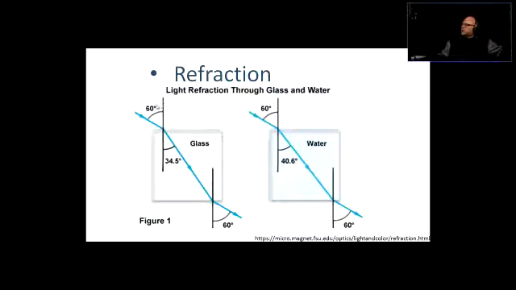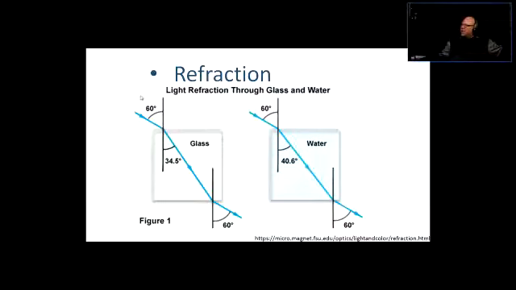Now, when we change the angle, when we deviate from that normal, let's say, for example, 60 degrees in this case, the light is going to hit the interface, and it's not going to travel along the line. When it slows down, it is going to deviate from that angle. So we say that the light is going to refract. Refraction. If it does not refract, there are two other possible ways.